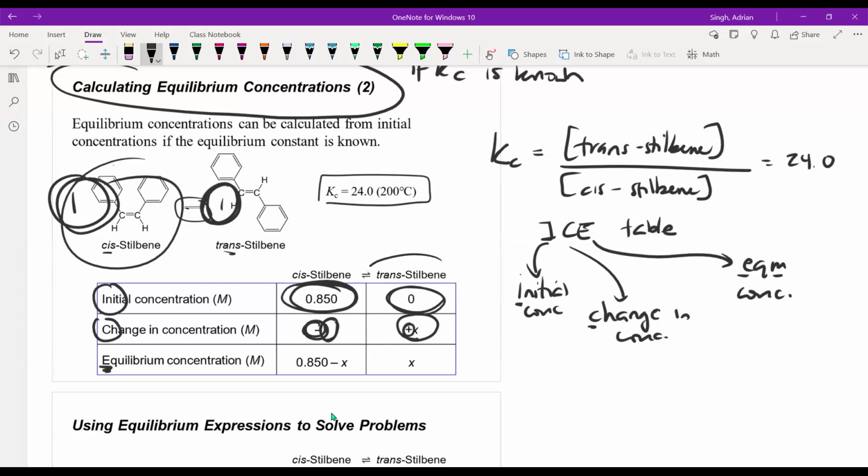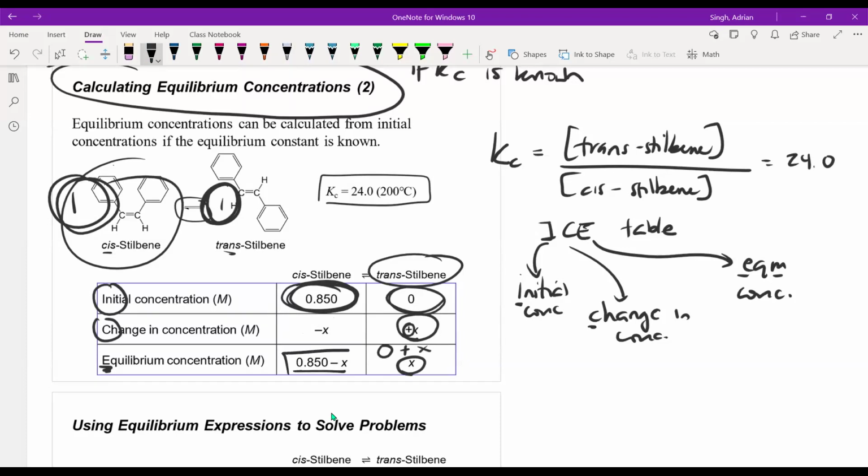In the case of the trans-stilbene, we started with 0 molar, and then according to the change in concentration, we add x to it. So 0 plus x gives us x. For the cis-stilbene, we started off with 0.850 molar, and then we're losing x amount of it. So the equilibrium concentration there is 0.850 minus x.